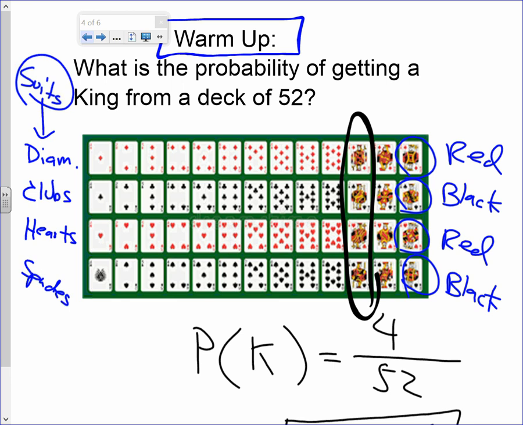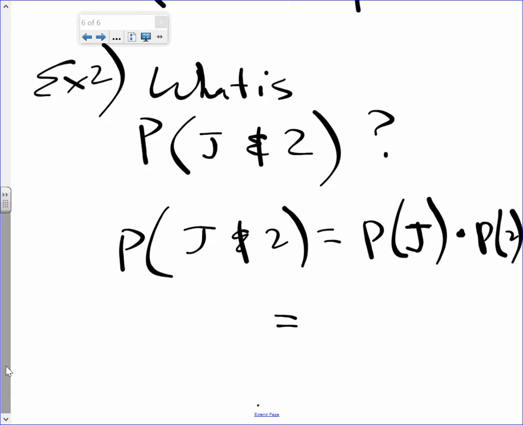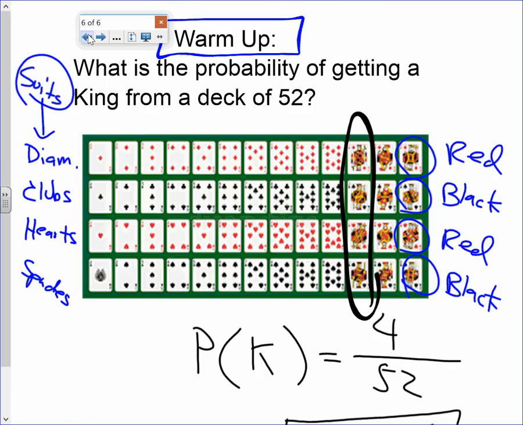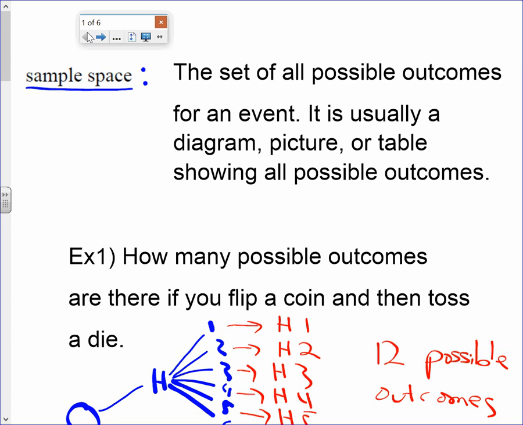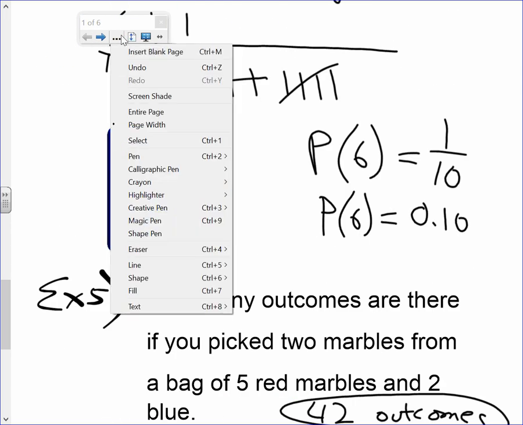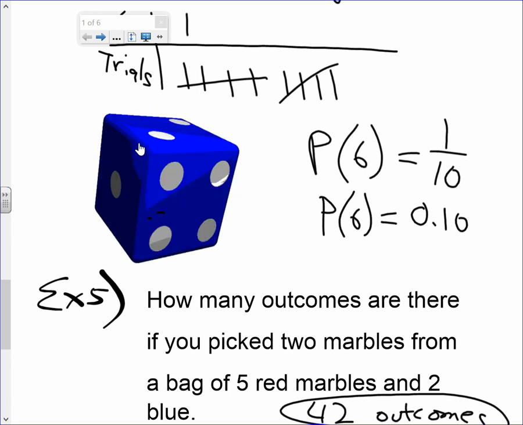So 4 out of 52, times 1 over 6. A die has 6 sides, and only one of them is a 2, so we get 1 over 6. Questions so far?